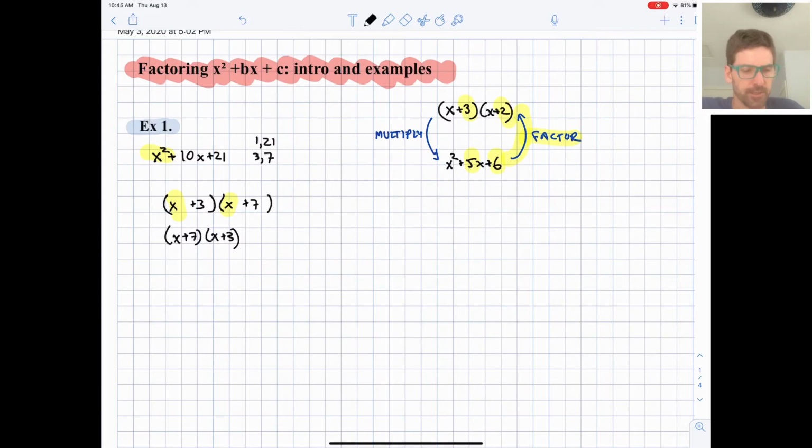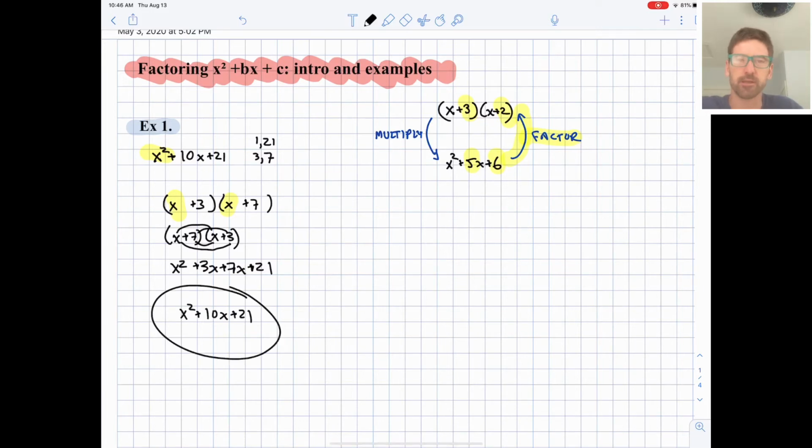So let's FOIL it and see. x times x is x squared. Outers are 3x, inners are 7x, and the lasts are 21. Then we combine like terms, and we get x squared plus 10x plus 21, which is what we started with, so we did it correctly. As you get more familiar with this, your check can get more efficient.